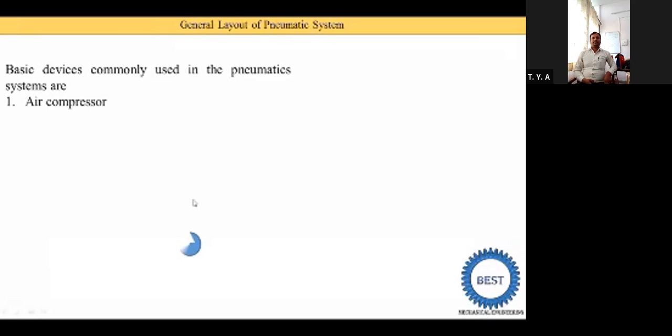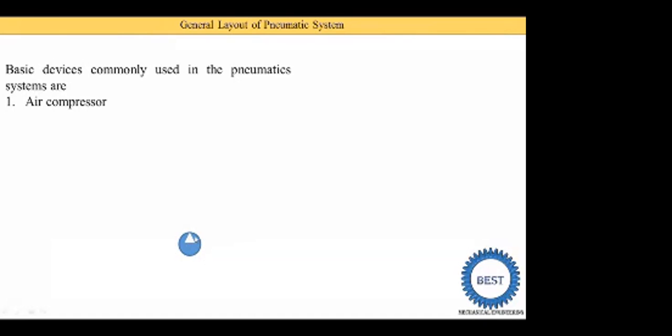Here I draw the symbol of the air compressor. There is a specific symbol for every component. A pump and a compressor have different symbols. In the symbol of a pump the triangle is filled with black color, and for an air compressor the triangle is white. So this is the basic symbol of the pump and air compressor.